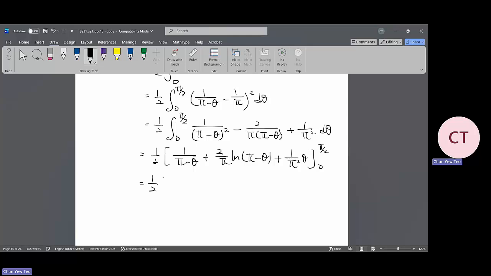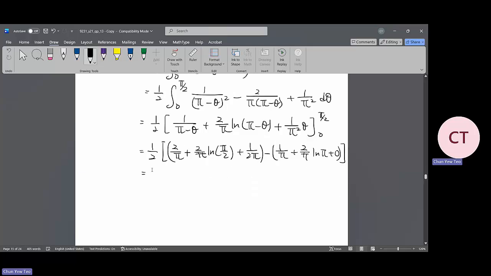Substitute the pi over 2 inside, then you will get this one as a 2 over pi plus the 2 pi ln pi over 2 plus the 1 over 2 pi minus the 1 over pi plus the 2 pi ln pi plus a 0.